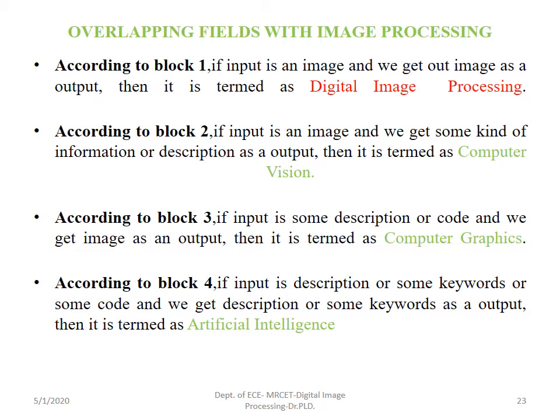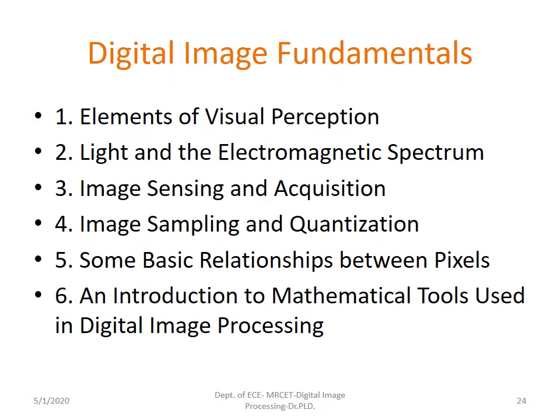The third block shows that input is some description or code, and we get an image as output, which we term computer graphics. According to the fourth block, if the input is a description or some keywords or code, and we get a description or keywords as output, then it is termed artificial intelligence. I'll cover that in the next video.